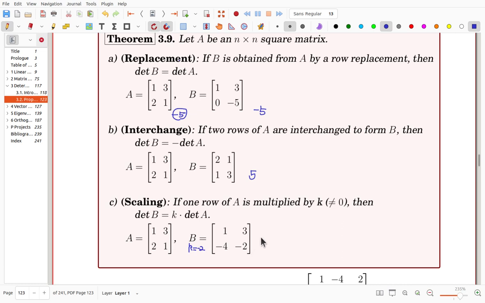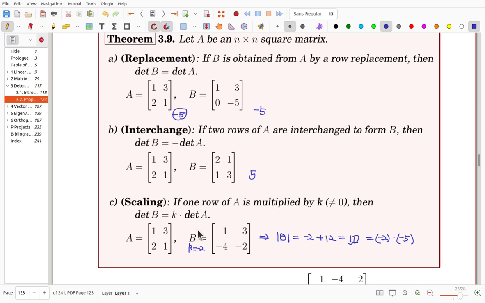Now we compute the determinant of B: minus 2 minus 12, that is minus 12 minus... which is 10. This 10 is the same as minus 2, that is k, times the determinant minus 5, which is the determinant of A. Row scaling makes the determinant scaled by k.